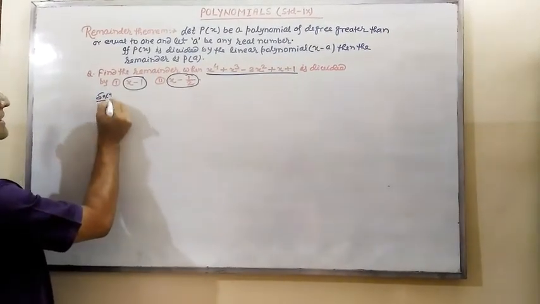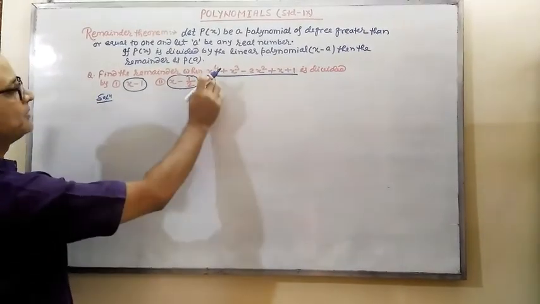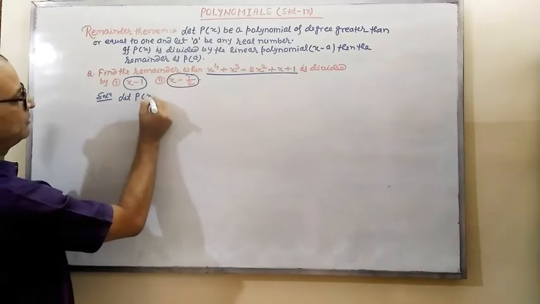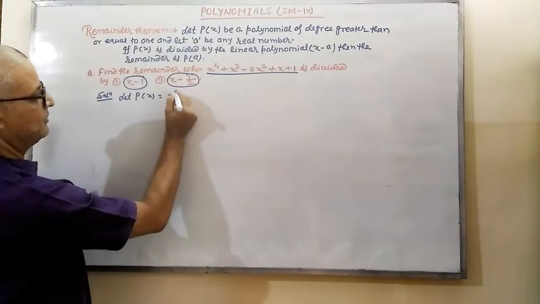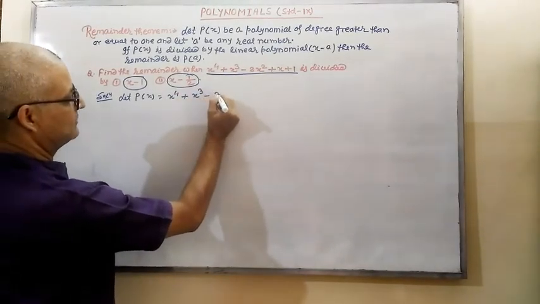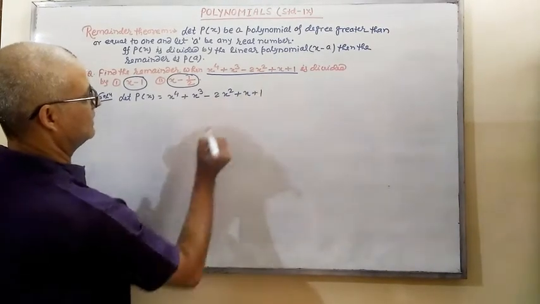So first, the name of the polynomial is not given, so we will suppose let P(x) is equal to x to the power 4 plus x cube minus 2x square plus x plus 1.